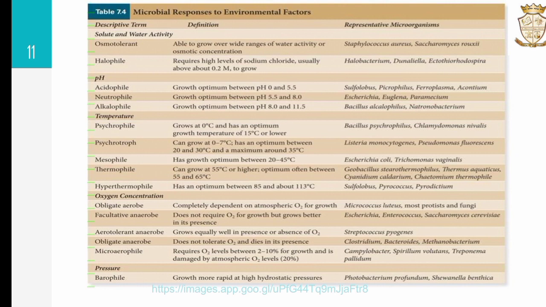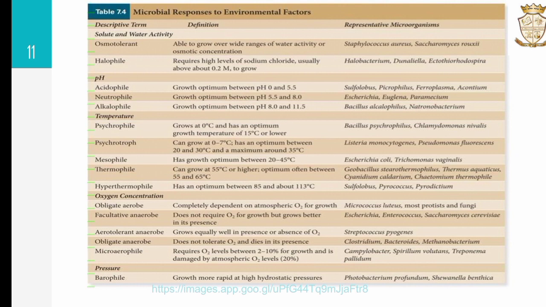The second one is facultative anaerobes. These are organisms that do not require oxygen for growth but grow better in its presence. Examples are Escherichia, Enterococcus, Saccharomyces cerevisiae, etc. The third one is aerotolerant anaerobes. They ignore oxygen and grow equally well whether it is present or not.